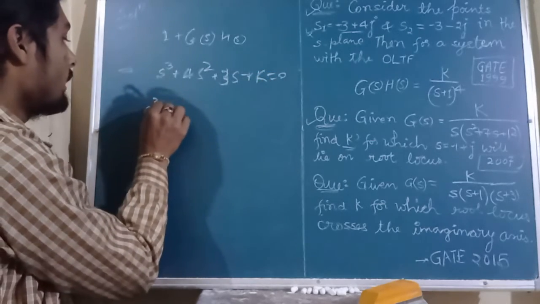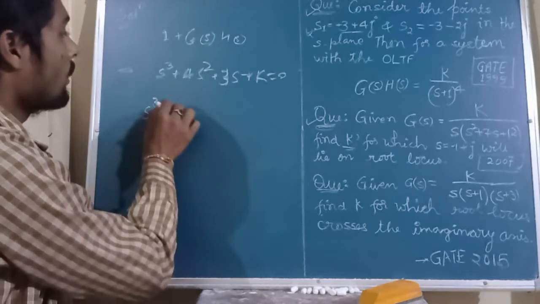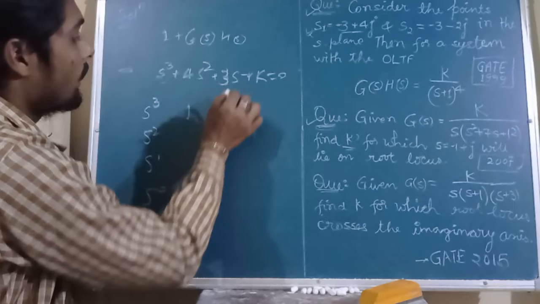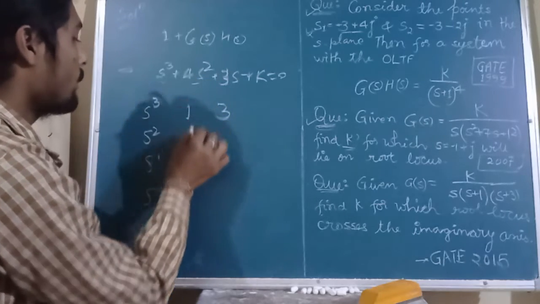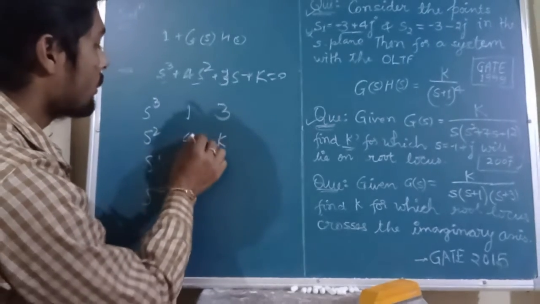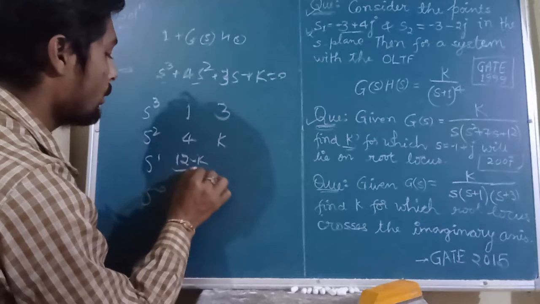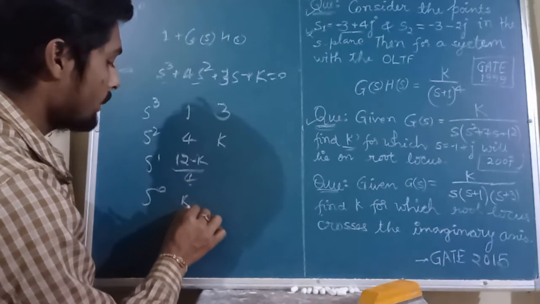Now make the Routh-Hurwitz table. s cube, that is 1 and 3. Now s square, 4 and K. Alright, now this will be (12 minus K) upon 4, and this will be again K.